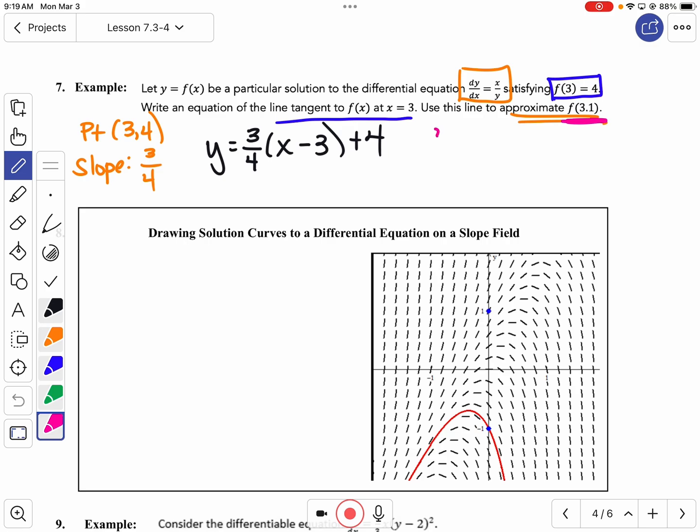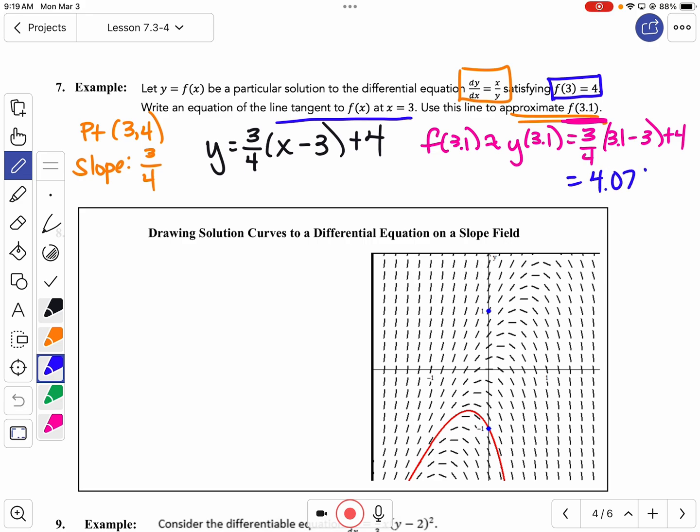So we would say f at 3.1 is approximately y at 3.1, and we'd plug it into our equation: 3/4 times 3.1 minus 3 plus 4. Okay, and we get our answer, which I believe is about 4.075 if you plug that into a calculator.